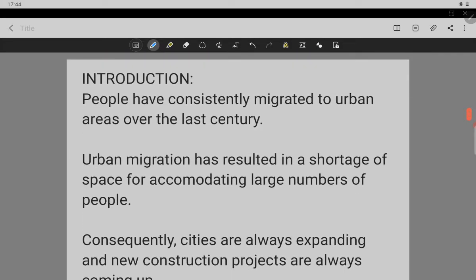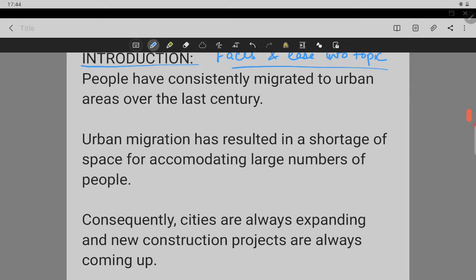Let's move on to the first paragraph, which is our introduction. As discussed above, we will be talking about facts and we will ease into the topic. This is what we are going to do in this paragraph. So, what are the facts that we can state here, and how do we ease into the topic?